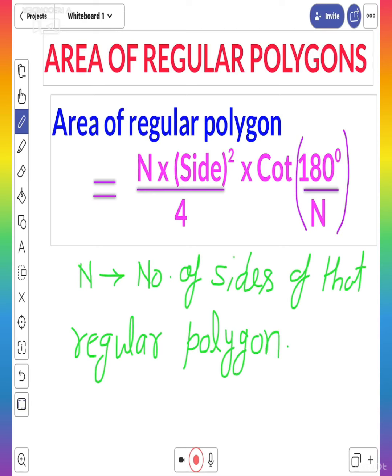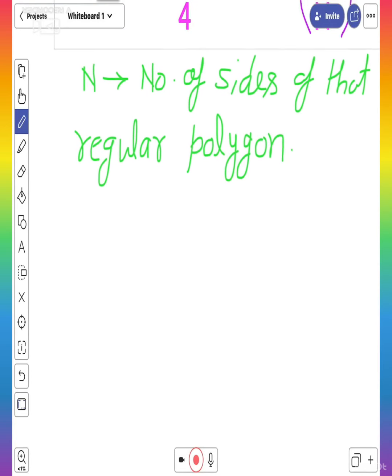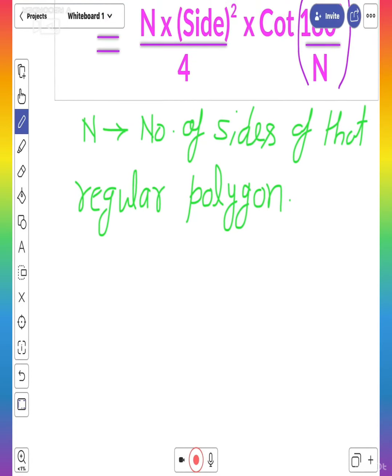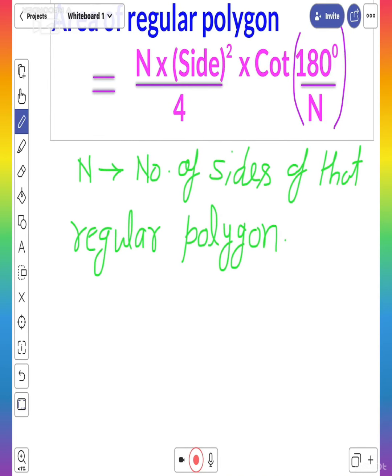So dear, how can you find the area of any type of regular polygon? Let us start. You know that the smallest regular polygon is the equilateral triangle.